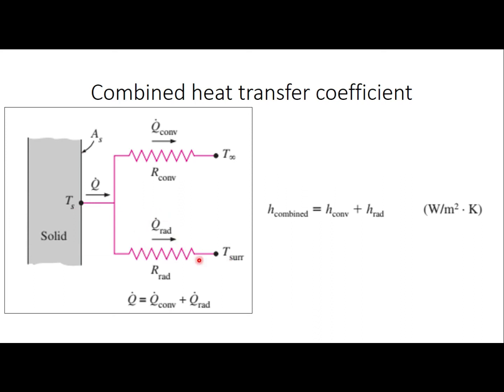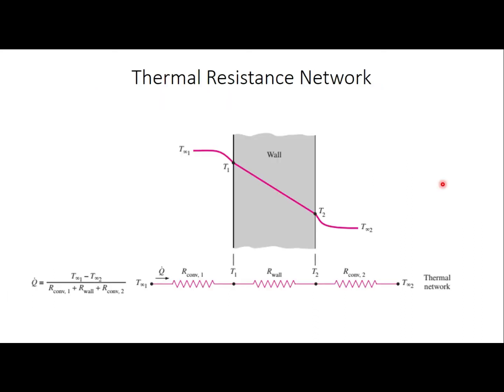So there are two heat transfer coefficients: one for convective and the second one for radiation. We can just add both values, the convective heat transfer coefficient and the radiation heat transfer coefficient, and we will get the combined heat transfer coefficient, and we can use this combined coefficient in order to solve particular problems.